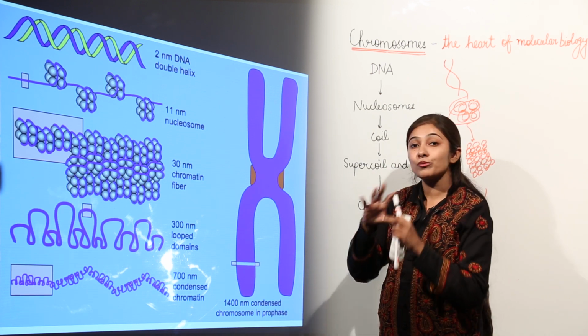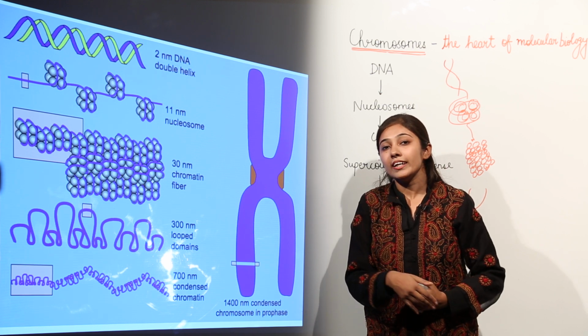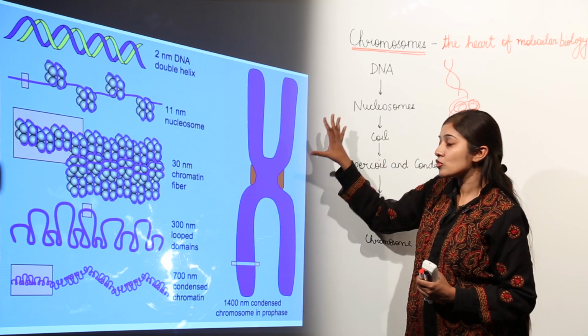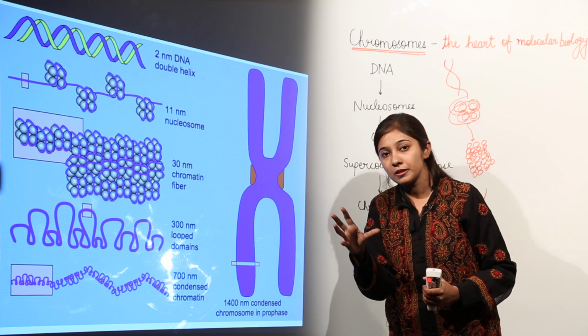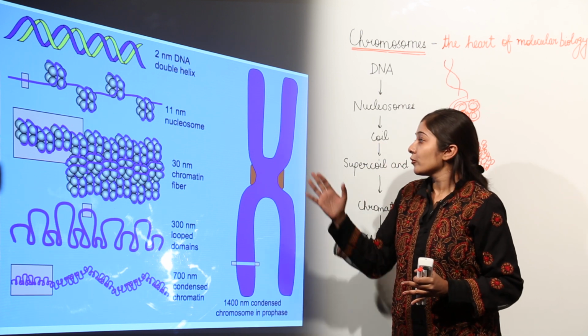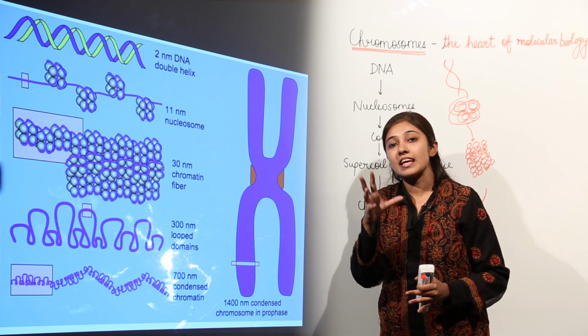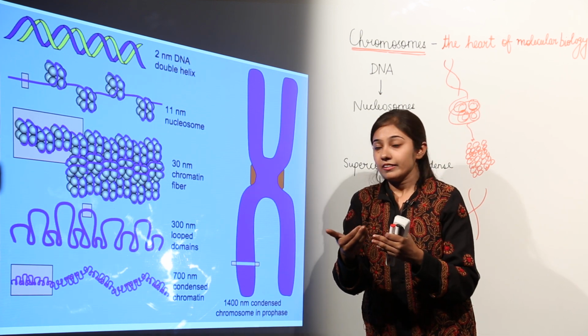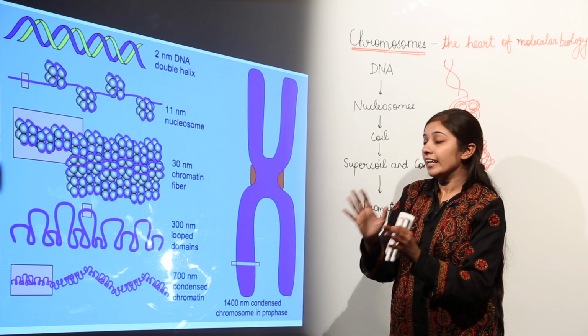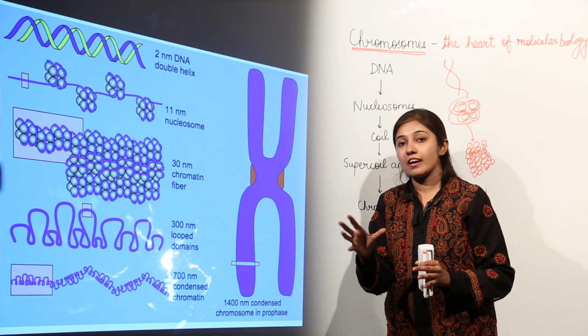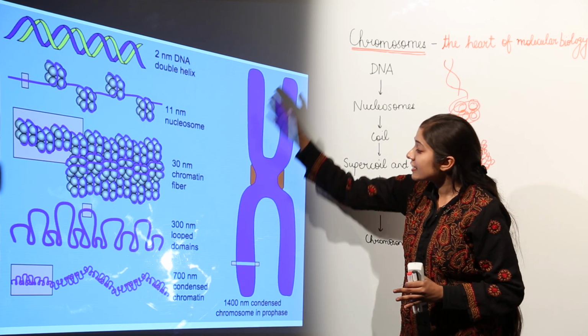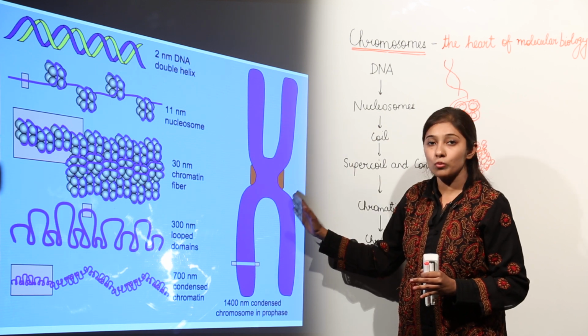Condensed chromosome in prophase. As I told you, during interphase, the entire chromosome structure is not visible. During prophase only, you can see these chromosome structures. So during interphase, the cell is preparing to divide, right? So after the interphase, when prophase is there in cell division, you can see these structures, that is a chromosome.